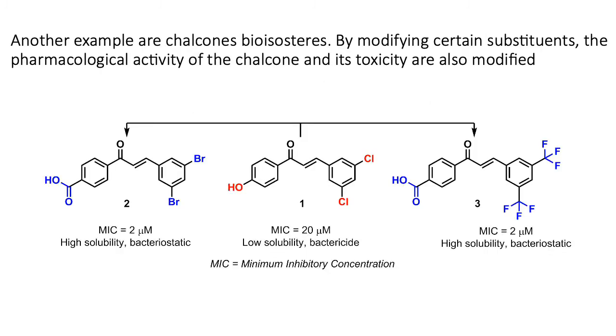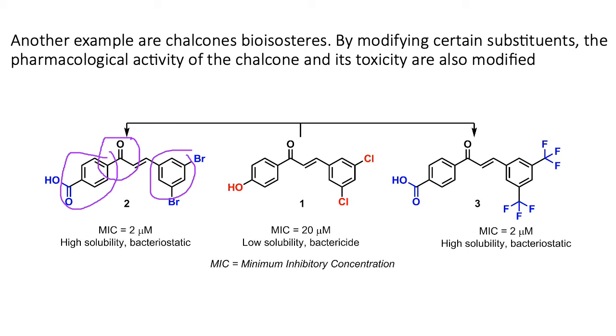So in our next example are chalcone biosteres. Chalcone is essentially an aromatic ketone. Here we've got the aromatic ketone part, which has this enone that forms a central core.